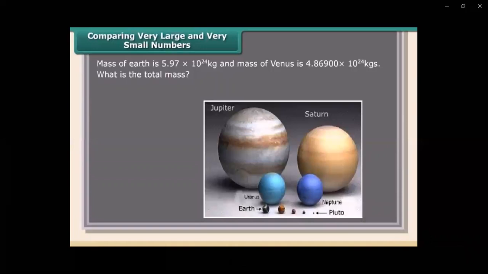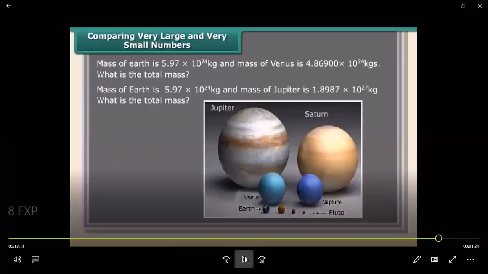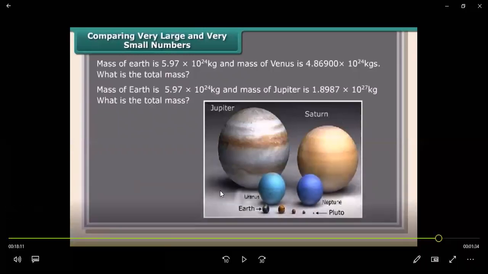So, nothing you have to do, just you have to add these two given masses for Earth and Venus respectively, right? And one more calculation you can make from here, that mass of Earth is given as 5.97 into 10 to the power 24 kg, and mass of Jupiter is given to you as you can see on the screen. So you have to find the total mass in that case also.